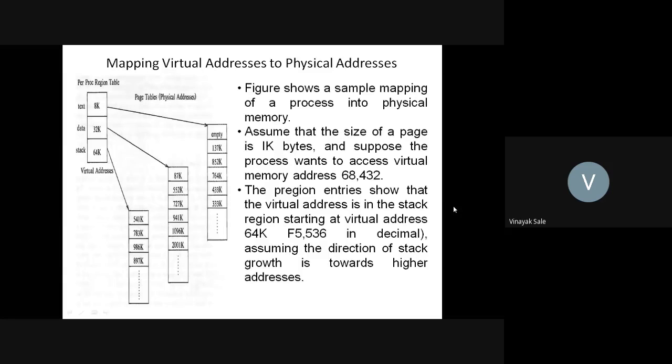The P region entries show that the virtual address space in the stack region starts at 64K, then F5, then 536, which is in decimal format.